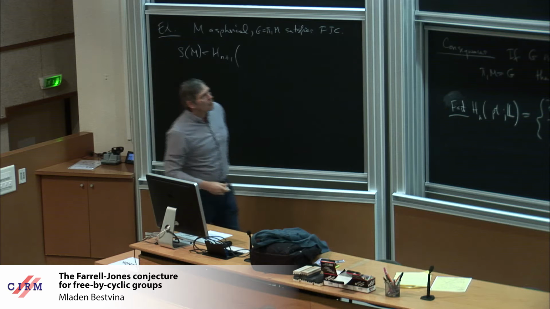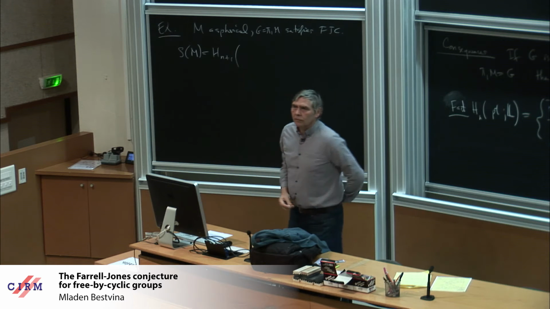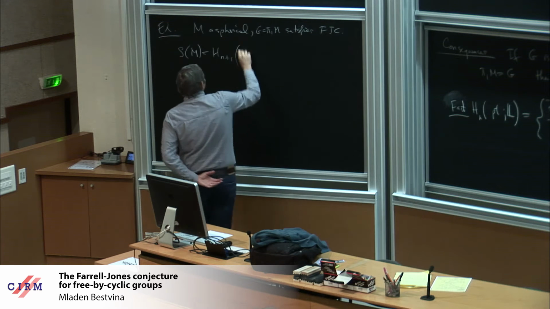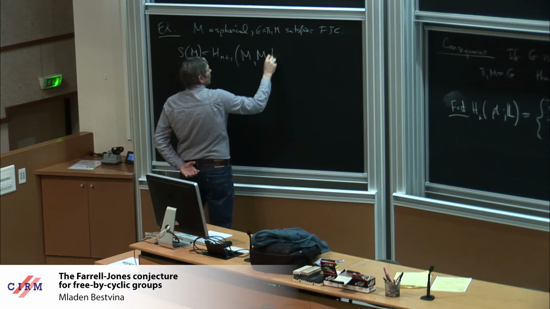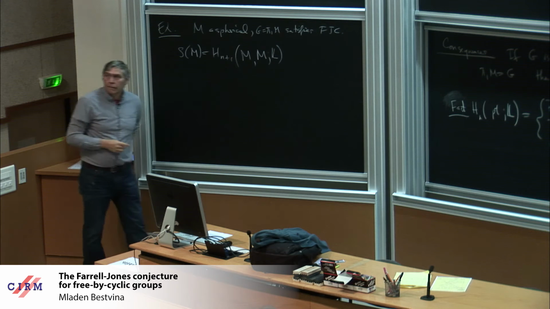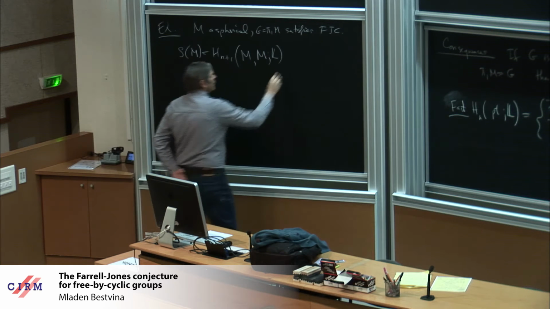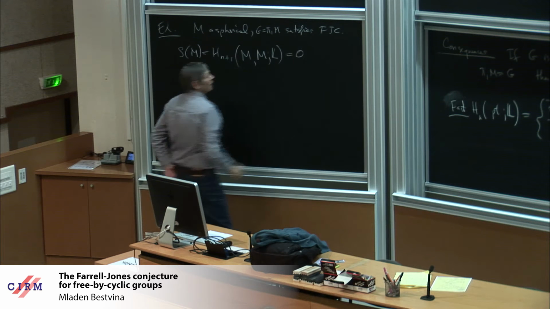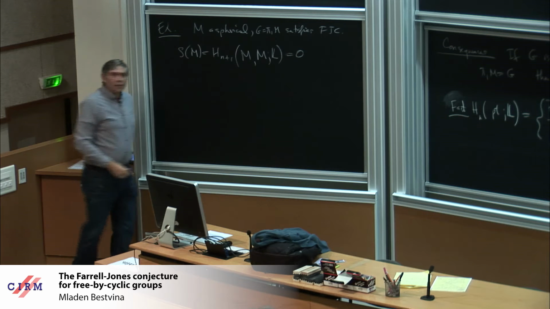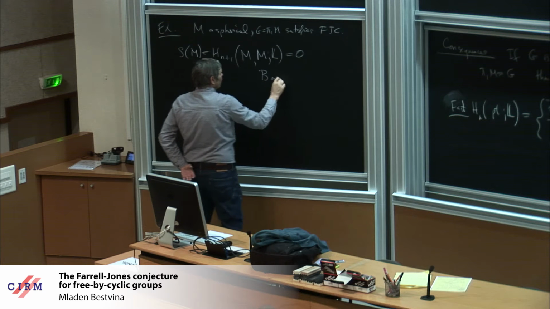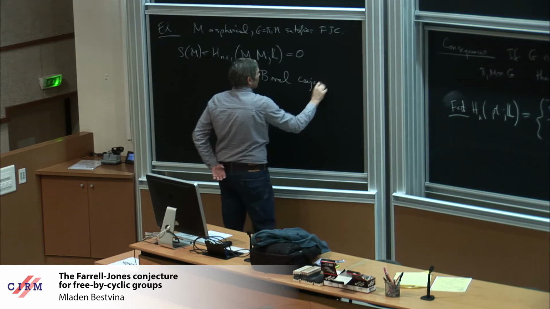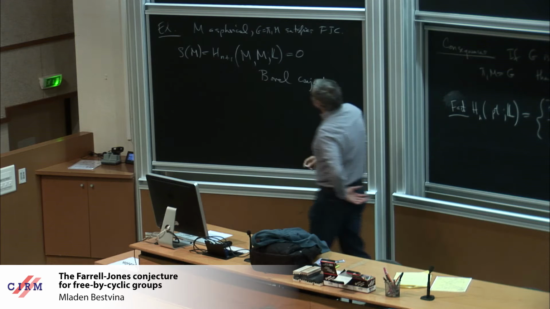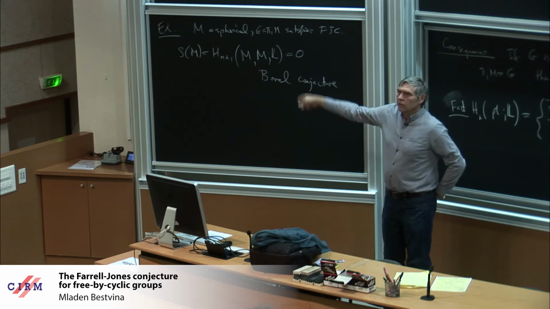Well, here, instead of the Kg1, I could use the manifold itself, because it's aspherical. And then Hatcher will tell you that this is 0, no matter what L is. So this is the Borel conjecture. Any homotopy equivalence between aspherical manifolds is homotopic to a homeomorphism.